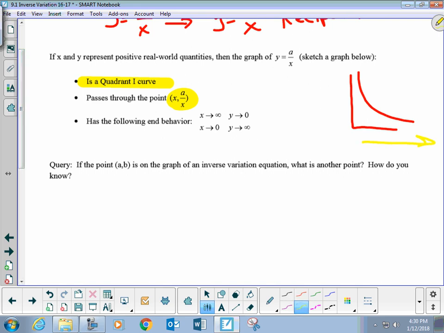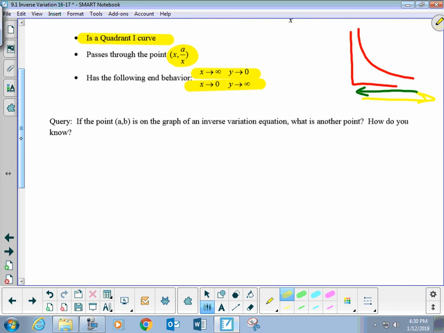As x goes towards positive infinity, what is happening to y? Well, y is approaching 0. As x approaches 0, because I can't go beyond it, what is happening to y? y is increasing to positive infinity. So we have some end behaviors going on here.